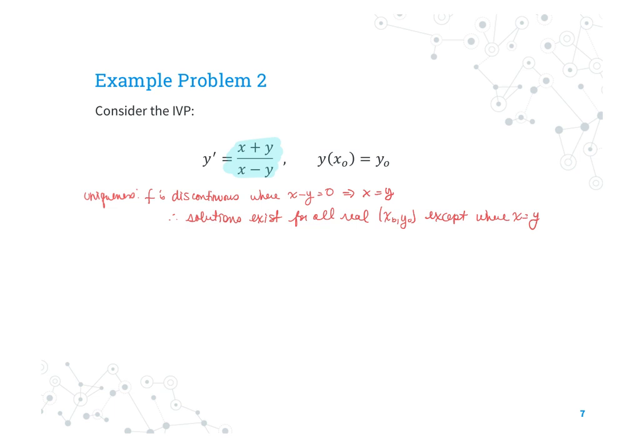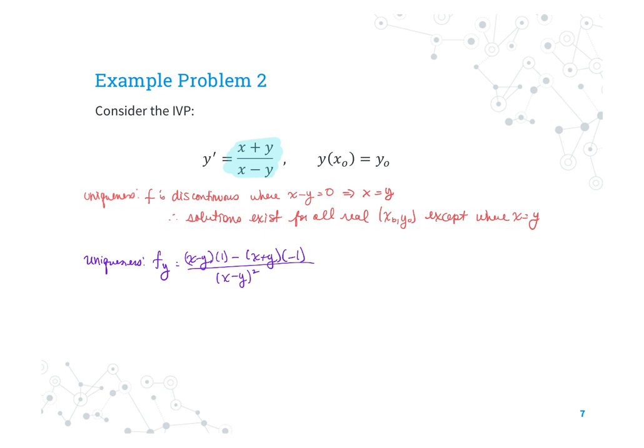For uniqueness, we have to look at the partial derivative of f with respect to y. In this case, we're looking at the quotient rule again. Low d high, which is just going to be 1 because it's with respect to y, minus high d low, which is just going to be −1, all over low squared.